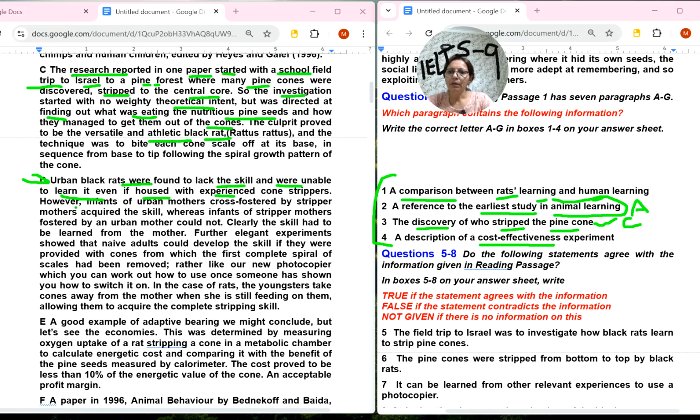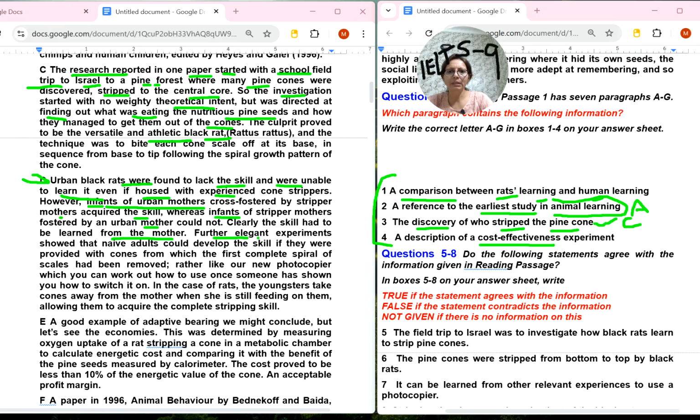However, infants of urban mothers cross fostered by striper mothers acquired the skill, whereas infants of striper mothers fostered by urban mothers could not. I think they are talking about human beings, no, they are still talking about rats. Clearly, the skill had to be learned from the mother.